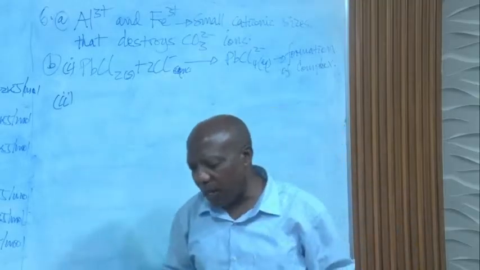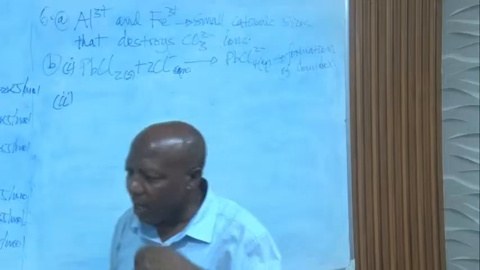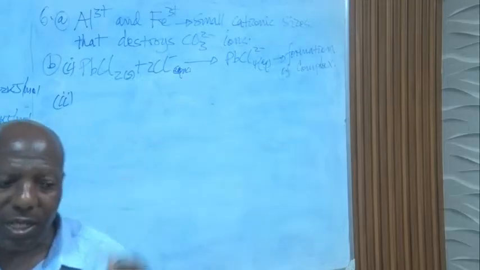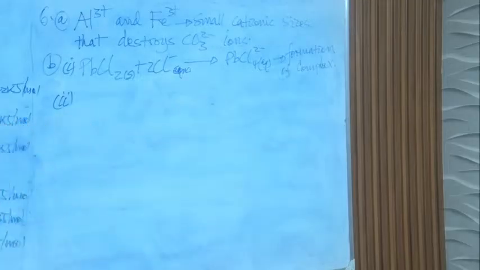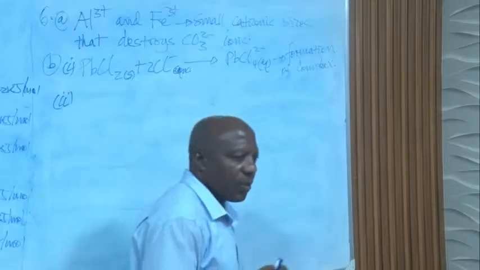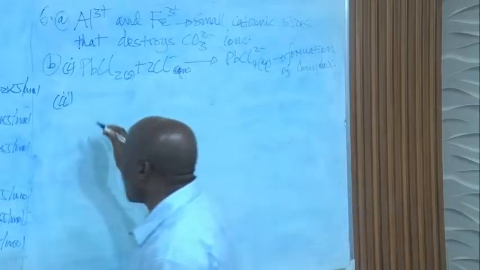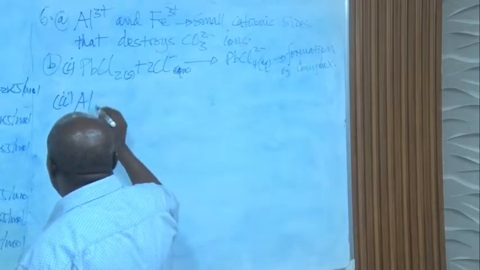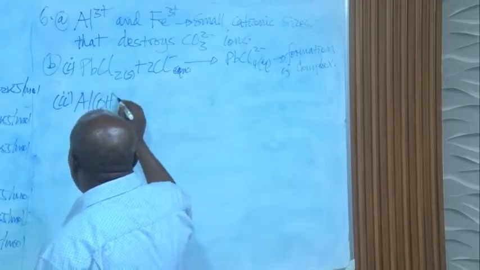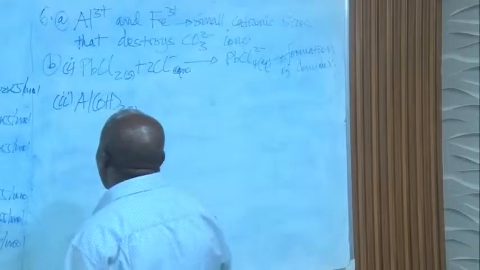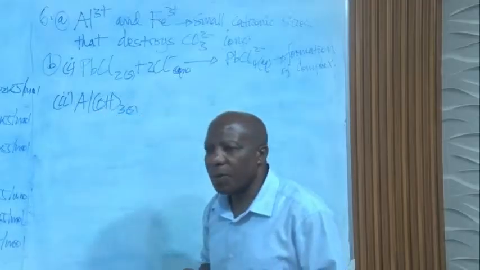This is one of the applications of qualitative analysis. In the qualitative analysis, normally we can use sodium hydroxide as one of the reagents which can identify different cations. Now the question is why aluminium hydroxide is a precipitate.